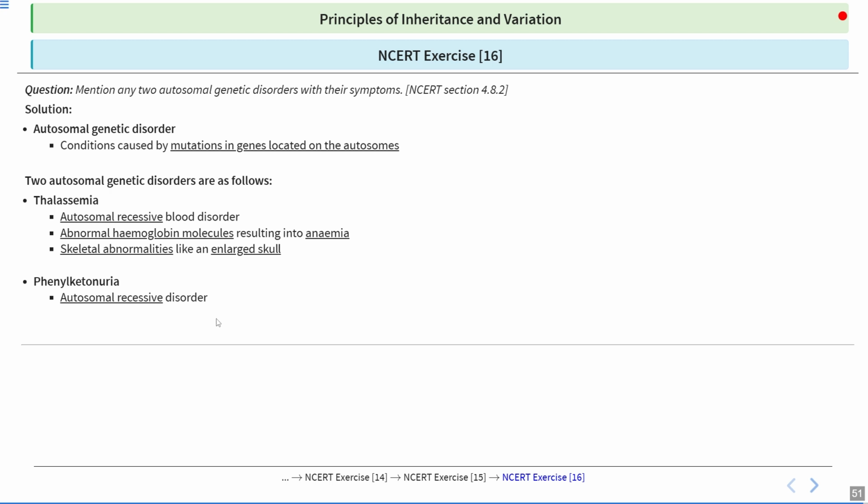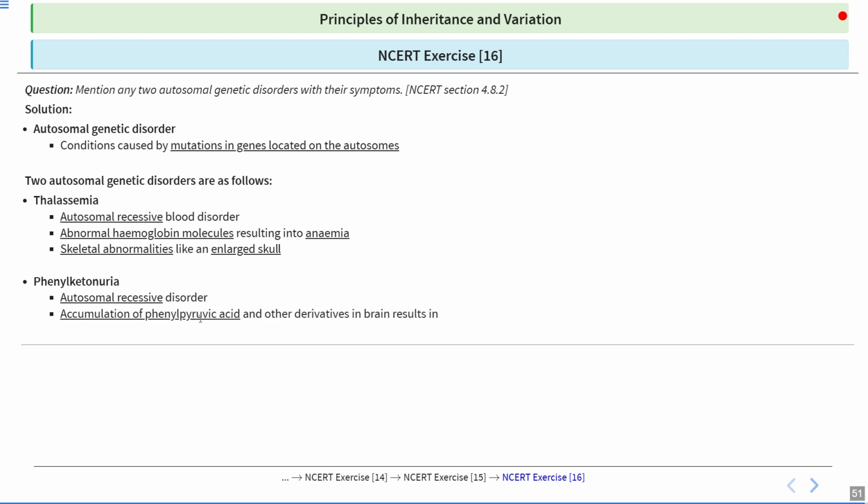It can cause brain disorders. Along with it, it can also cause reduced pigmentation of skin and hair. So here you can see a single gene is affecting multiple traits. That's why it is an example of pleiotropy. Clear?